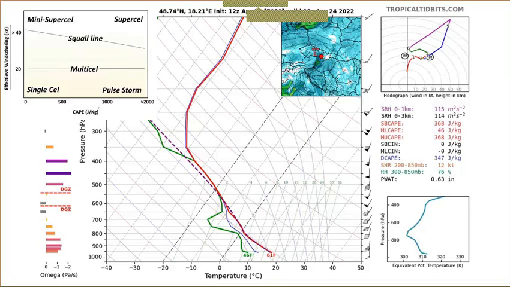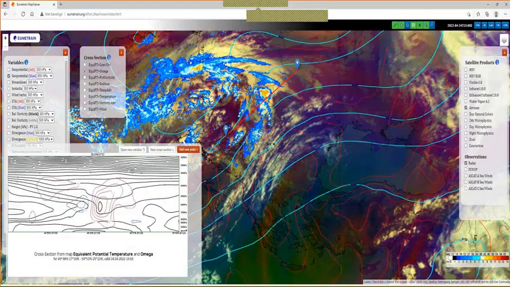The correct answer, and I will go over to the next slide, is that this environment was able to produce the mode of multicluster or even squall line with even some supercell characteristics.